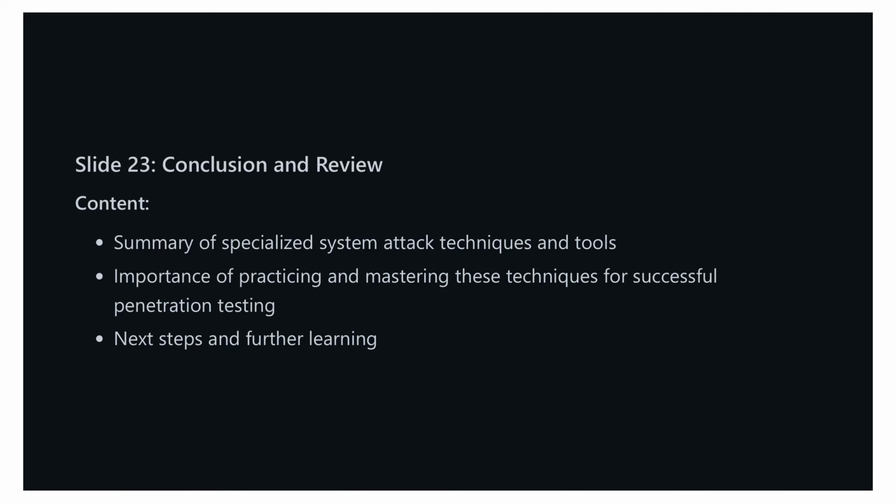To summarize, we've discussed various specialized attack techniques and tools that are crucial for effective mobile security testing. From the utilization of the Android Debug Bridge, ADB, to more advanced methods, we've explored the practical aspects needed for thorough penetration testing. Remember, mastering these techniques is essential for anyone looking to succeed in the field of mobile security.